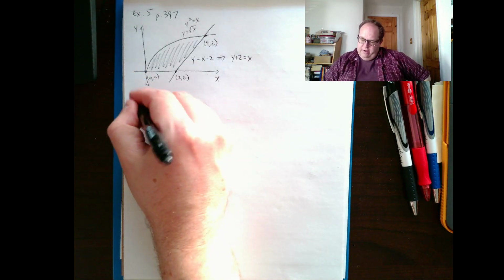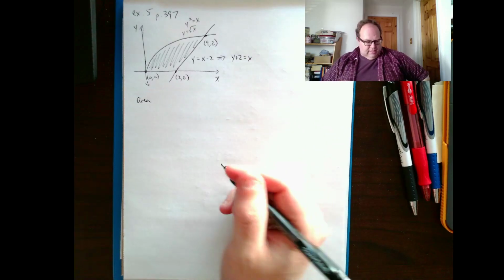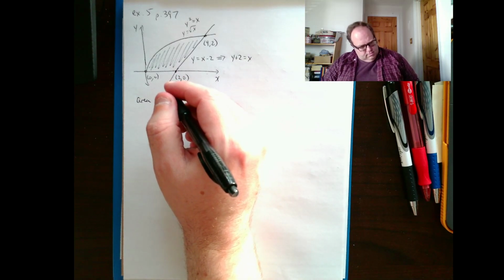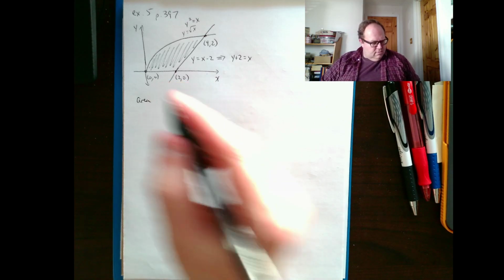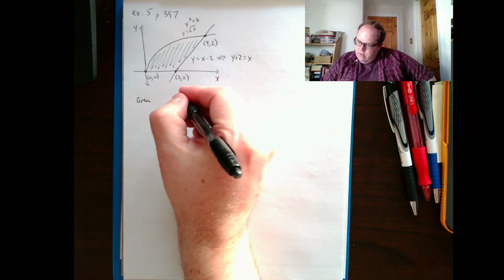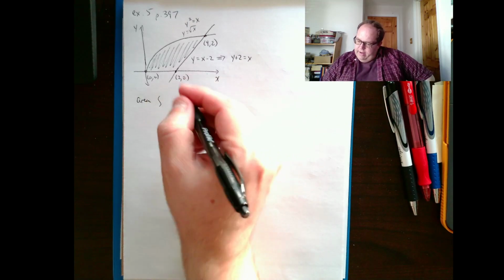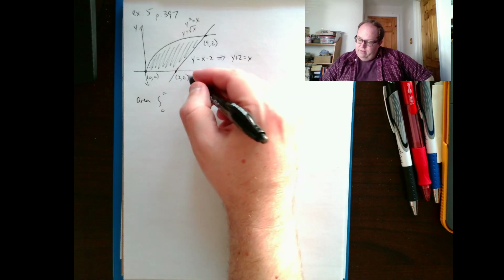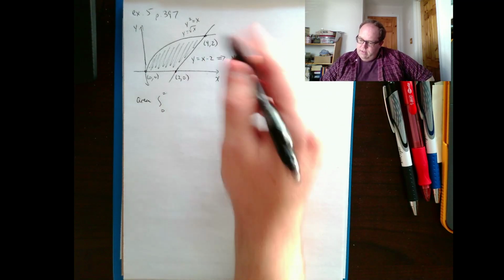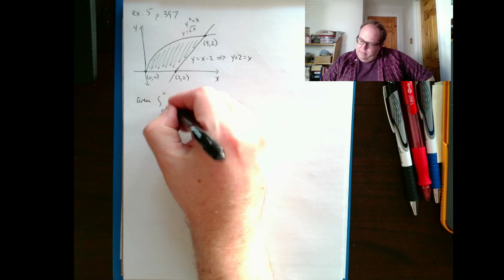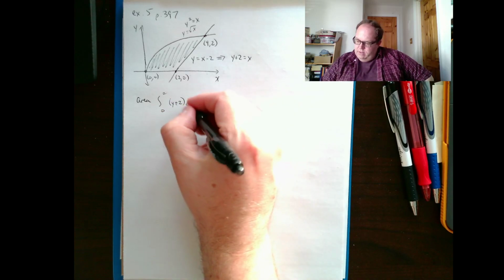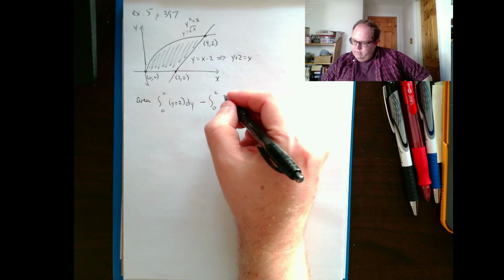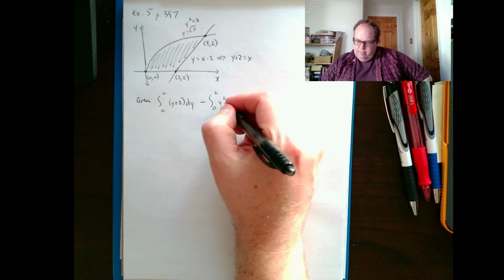And I can write the area equally as correctly as the integral between 0 and 2, because those are my y values in question, of y plus 2 dy minus the integral from 0 to 2 of y squared dy.